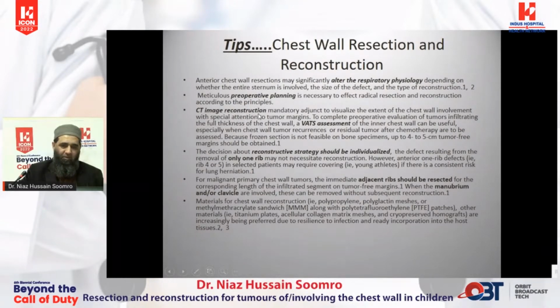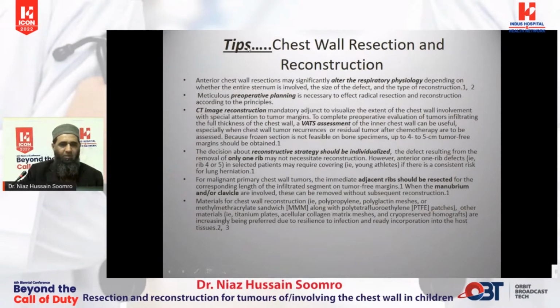CT imaging reconstruction is sometimes very helpful, and as we have discussed, because tumor margin assessment is important, sometimes we introduce the thoracoscope, VATS, and we can identify the tumor inside, because sometimes the tumor is externally visible as smaller and from inside it is large. So the resection margin can be located with the help of thoracoscopy.